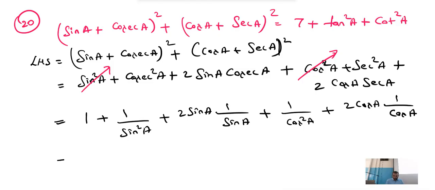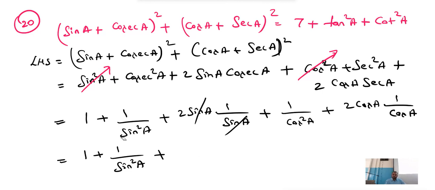Then 1 plus 1 by sin square A plus sin A get cancelled. Cosecant square A. Okay, we try that also.